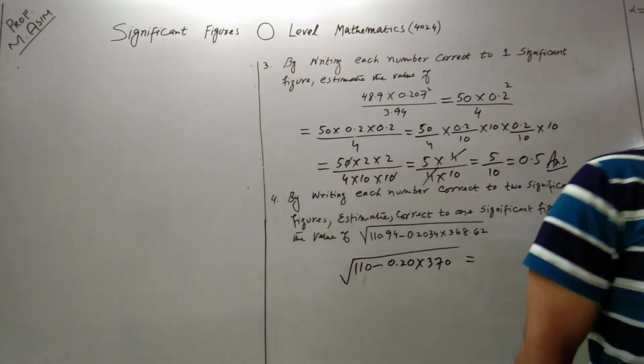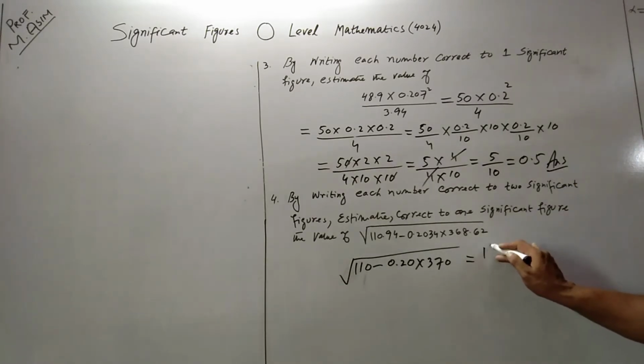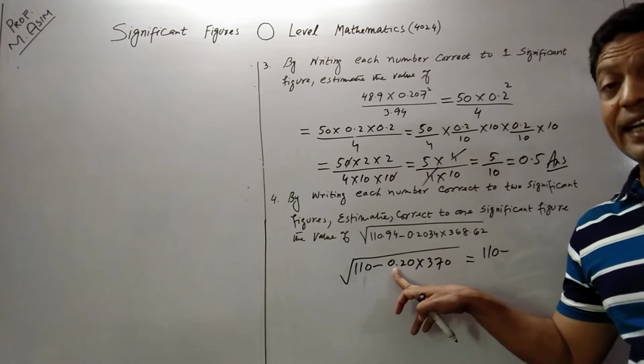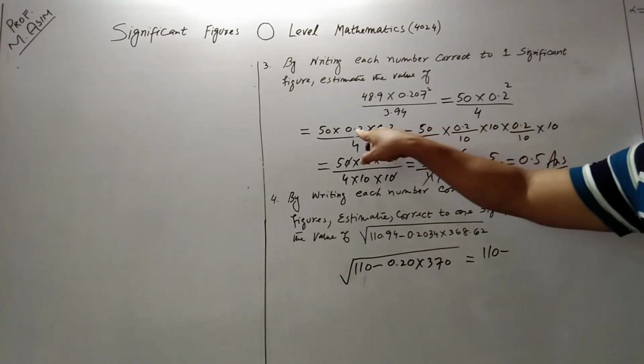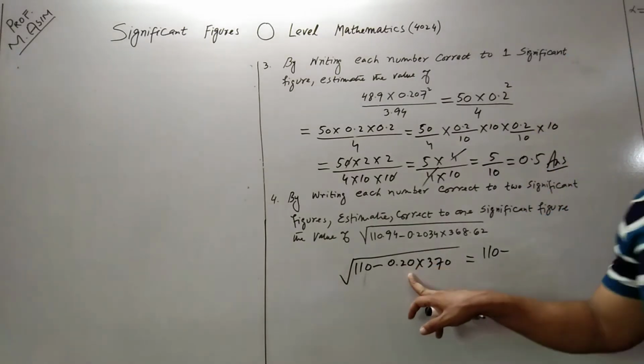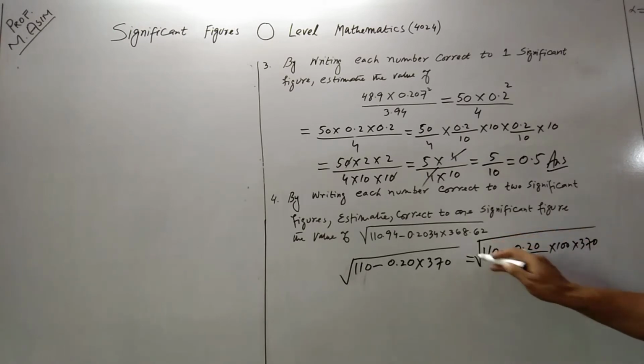Now 110 minus 0.20, this is very important. 110 minus, this has 2 decimal places, so we must multiply and divide by 100. Whenever you have 1 decimal place, you must multiply by 10 and divide by 10, but whenever you have 2 decimal places, you must multiply by 100 and divide by 100. So 0.20 upon 100 multiplied by 100, and this 370 remains 370, and this is under the square root.